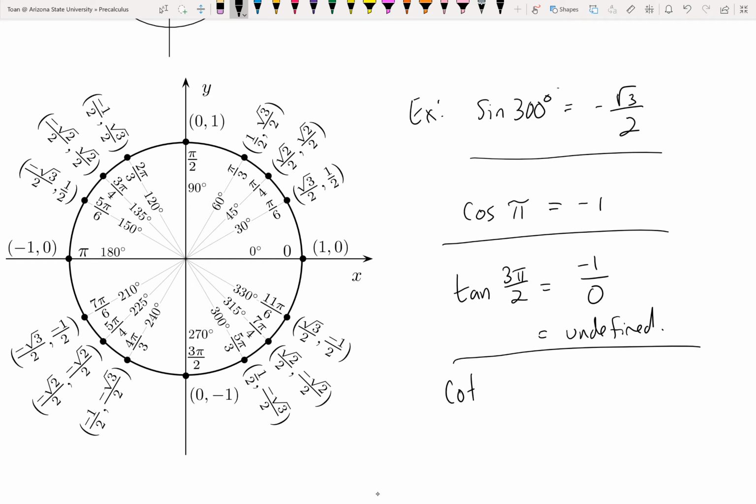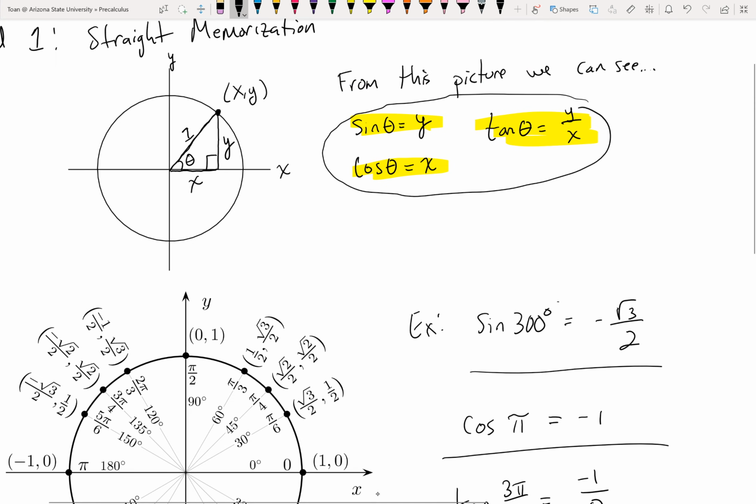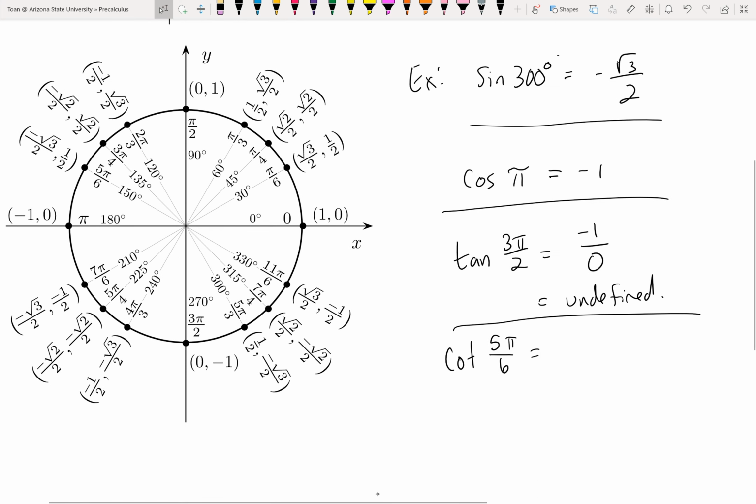Let's do a reciprocal function. Let's say I ask you to do cotangent of 5 pi over 6. We just have to remember that cotangent is the reciprocal of tangent. So the way I like to do this is I do the regular tangent, y over x, and then just flip my answer. So cotangent of 5 pi over 6, where's 5 pi over 6 on this chart? Here we go.